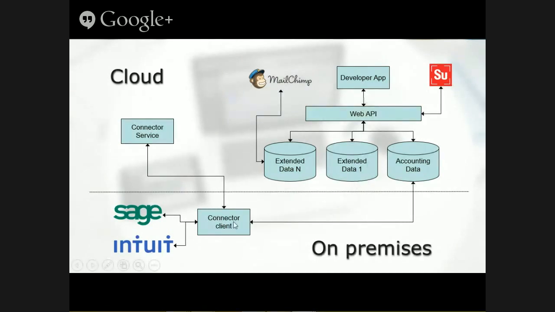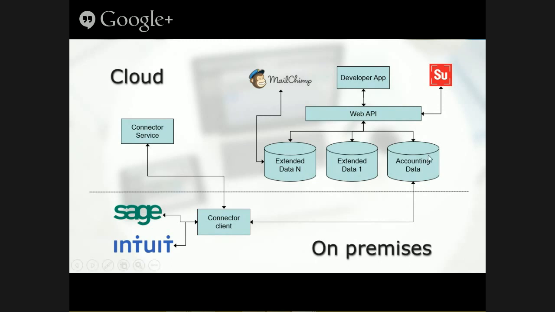Just for your information, the Connector client software is controlled remotely via the cloud through our Connector service platform here. Now, we've got the Sage 50 or Intuit data being published up into the accounting data database. And as I hinted at when we took a very quick look at the Suntico application, we're extending that data and extending that data model to provide a much broader productivity platform for small to medium-sized businesses.